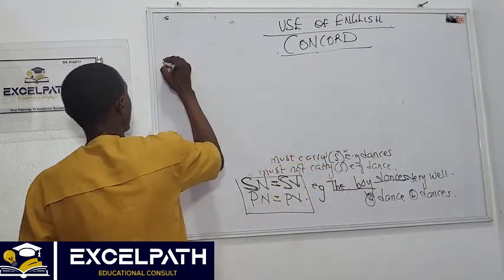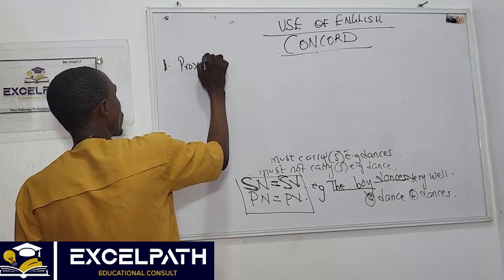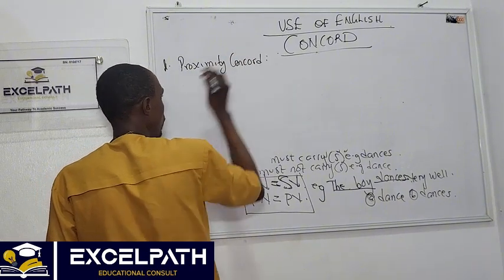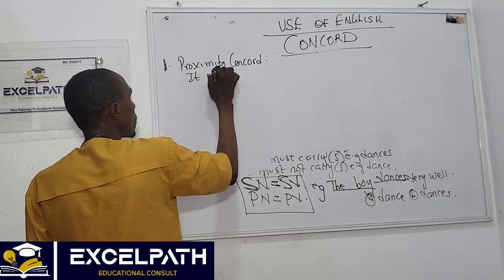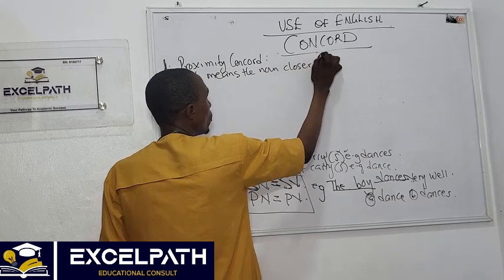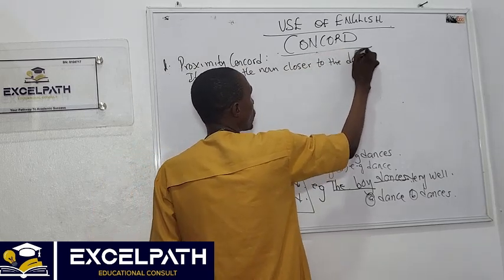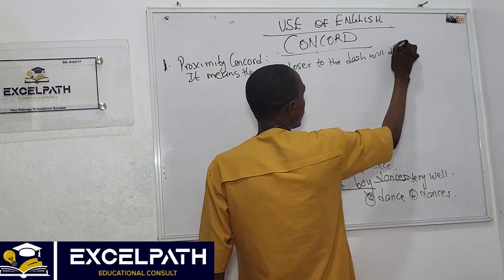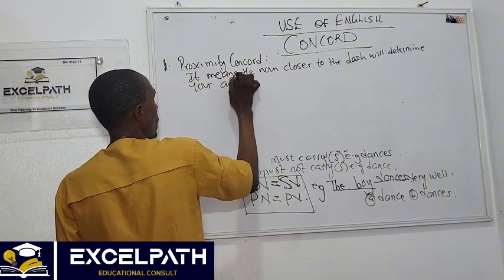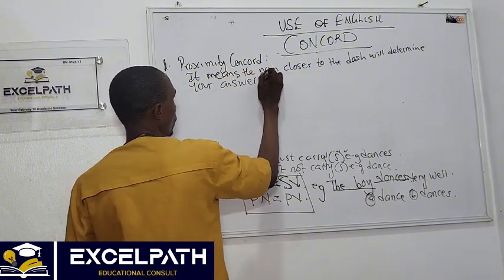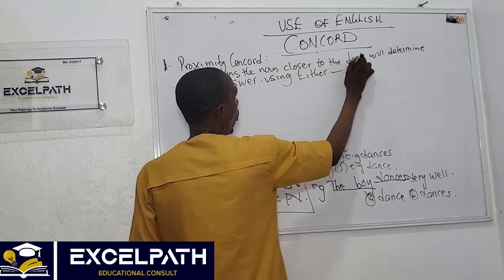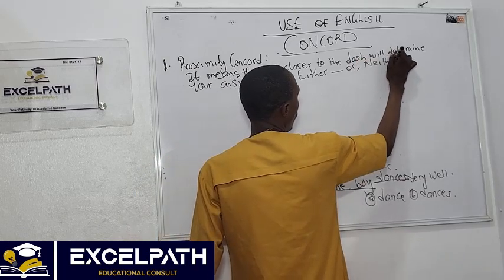Let's look at the first one, which is called proximity concord. It means the noun closer to the dash will determine your answer, using either/or and neither/nor.